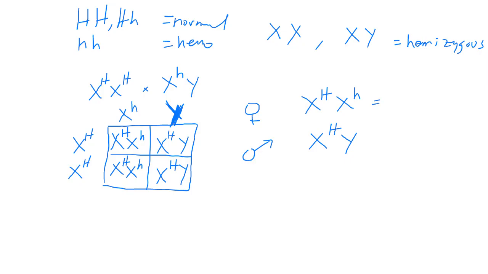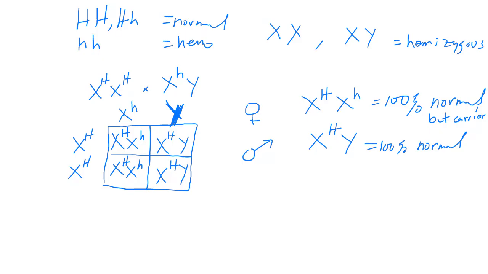So all the females are 100% normal. All the males are 100% normal. But the females are carriers, right? They're carriers for that recessive allele.